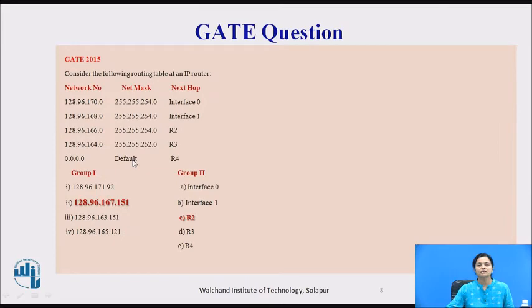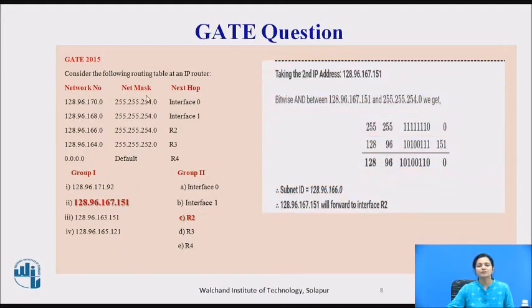Now for the next one, we have already found the match for 1. For the second, we see 255, 255, 254.0 and the address 128, 96, 167 and 151.